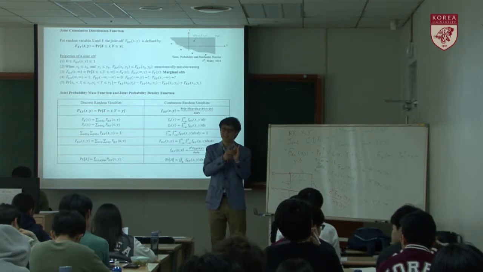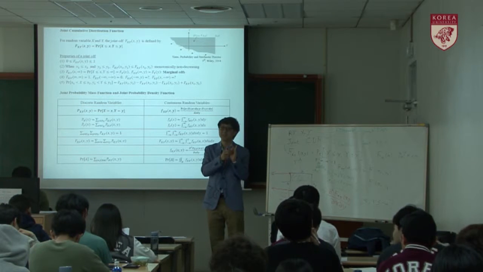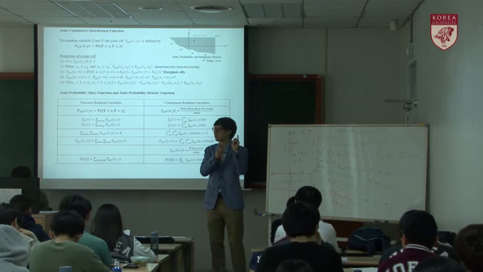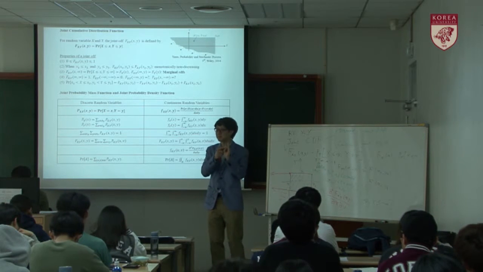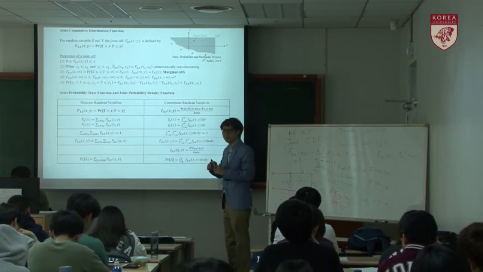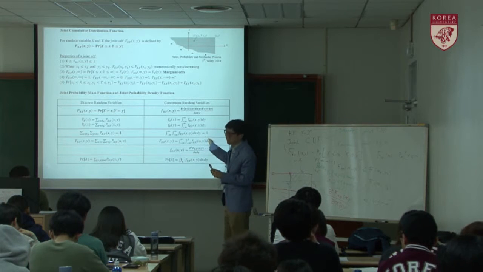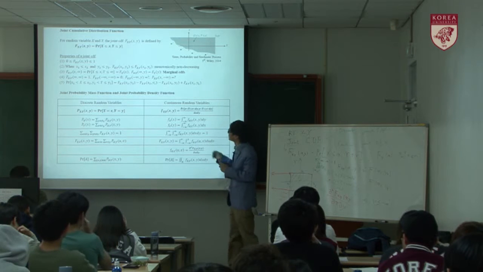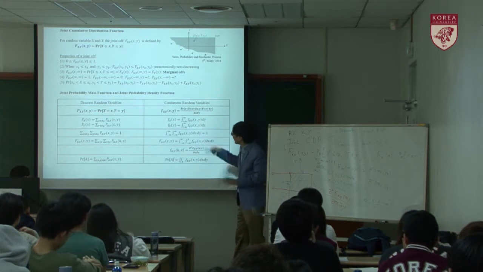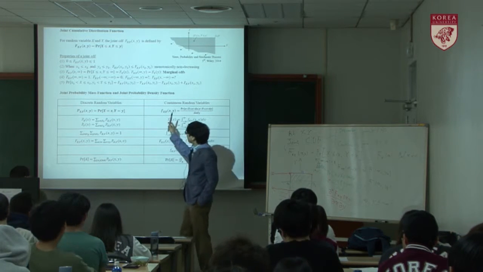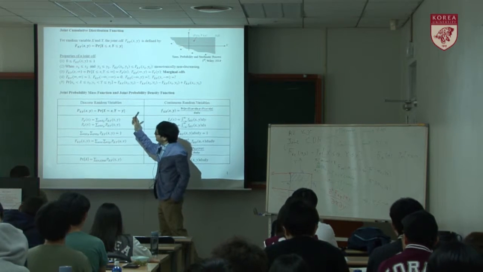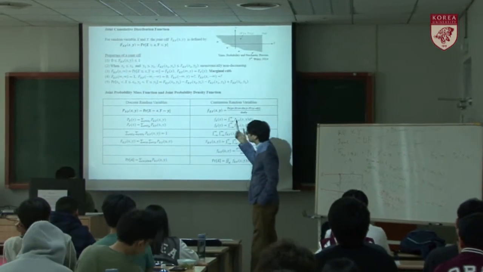There are infinite random variables. That's the random process. So that's our step. The most important thing is the two random variables, so you need to understand them very well. This is the basic concept of the joint PMF and joint PDF.